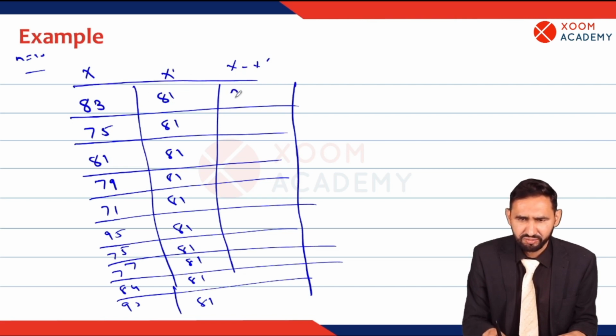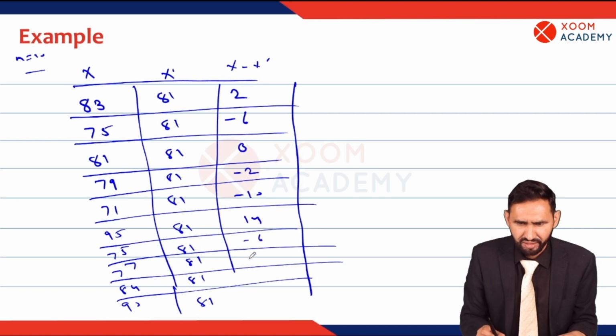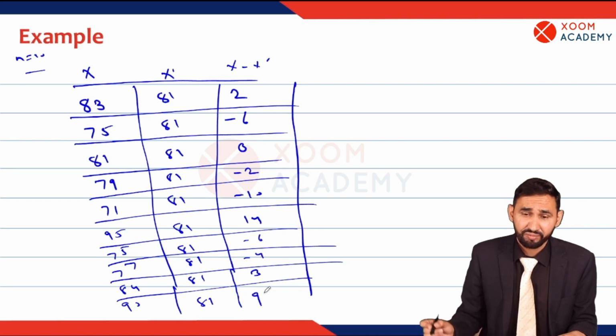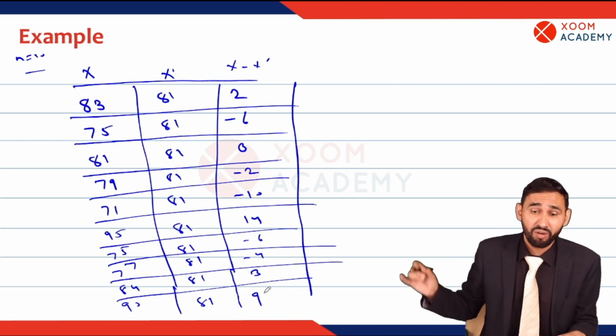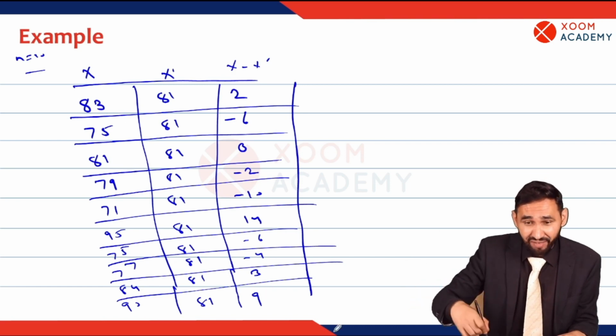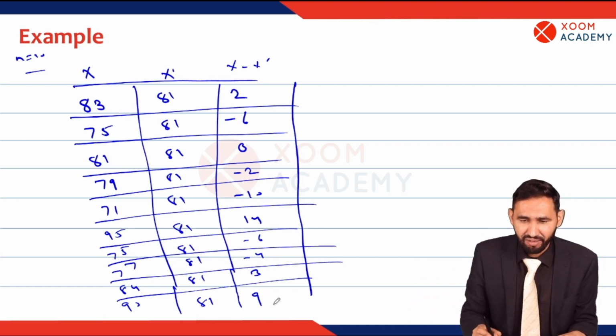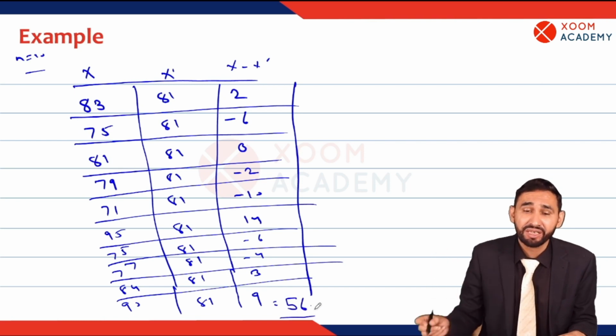Answers are 2, minus 6, 0, minus 2, minus 10, 14, minus 6, minus 4, 3, and then 9. The minus sign is ignored. We ignore minus and just add all of them. If we add all of them, our answer is 56. 56 is the total mean deviation.